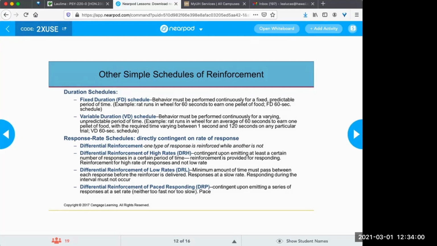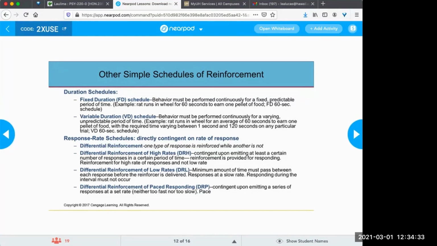So with a differential reinforcement of low rate, I will only get my reward if I respond in the minimum amount of time designated, and I must respond during that specific amount of time. If I respond outside of that specific interval of time, I am not going to get the reward, even though I may be responding very highly.